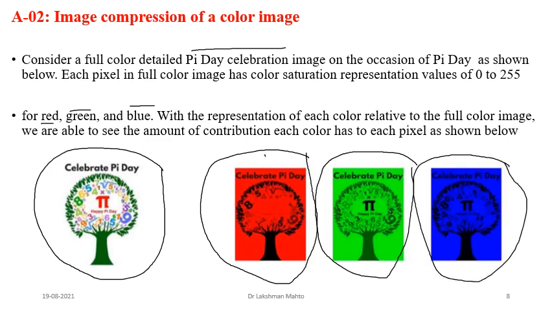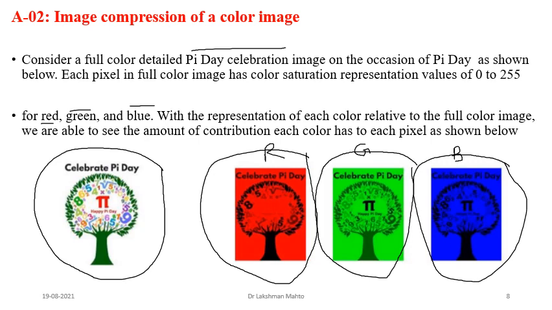So simply you can say RGB. That's why we say a color image is RGB. So you can distribute the color image into three different layers, which means that you are getting three matrices.